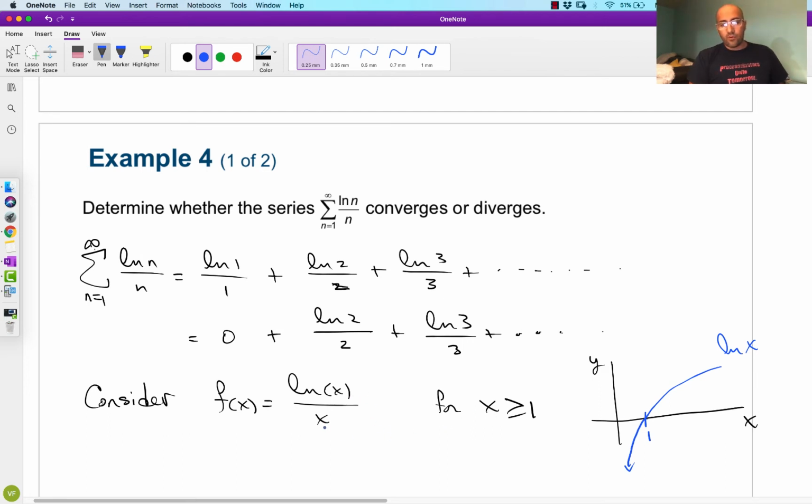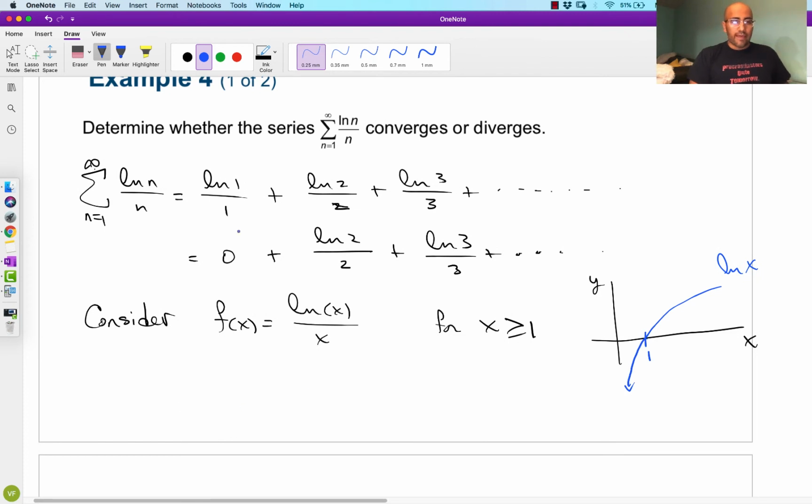And for x being greater than 1, this is also positive. So it's easy to conclude that f of x is positive. Whatever this is, it's going to be a positive number. ln of 2 is positive, ln of 3 is positive, 3 is positive, 2 is positive. So each one of these values is going to be positive.